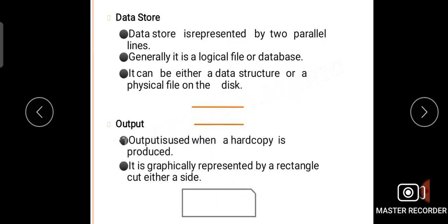For storing data in a database, we use parallel lining for the database store. And the output of the system is denoted with a rectangle with a cut on either side.